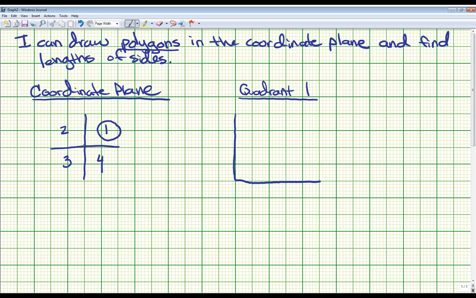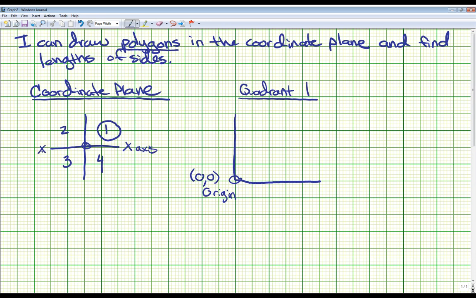This center right here in the middle is called the origin. So that would be this point right here. We're going to label that origin. And the numbers that attach to the origin are 0, 0. So the origin is always at 0, 0. This line down here, and that's similar to this line here, we call that the x-axis.